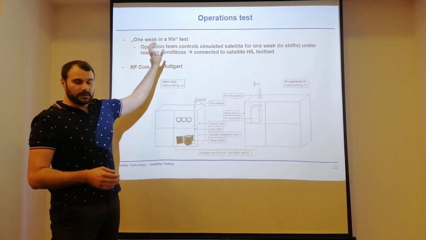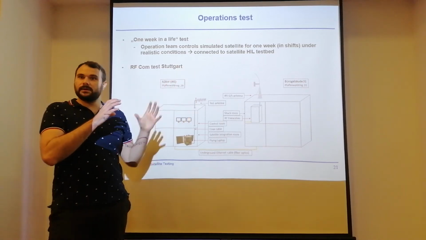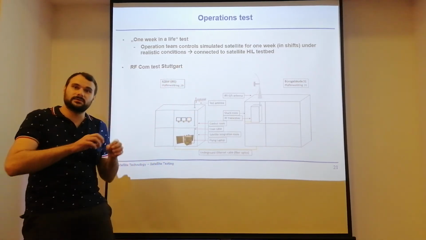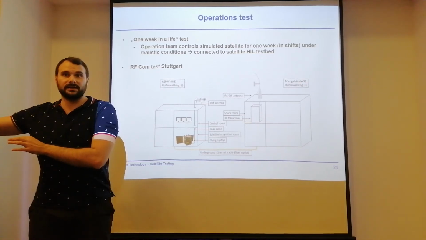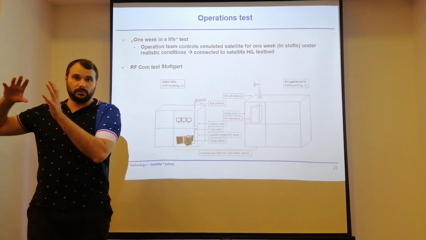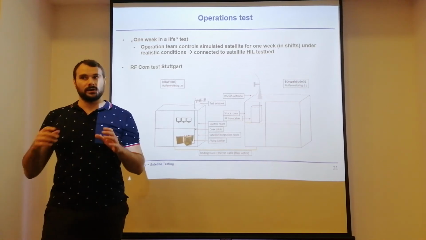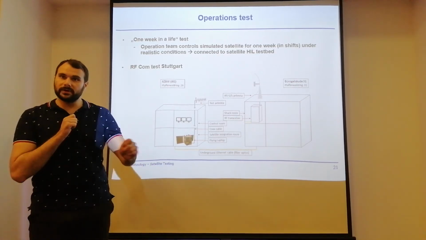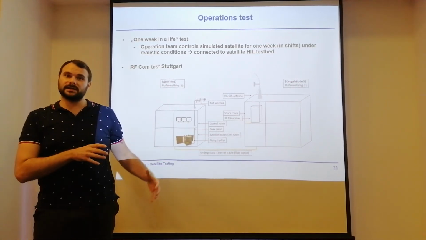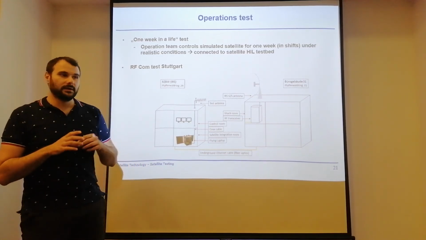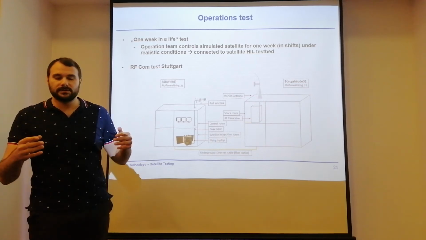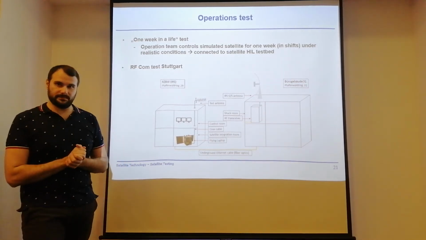So at that point, our ground control center connected to our hardware-in-the-loop test bench with the satellite completely simulated, and the simulation was kept running for minimum 1 week. And it was tested that when you operate the satellite as you would operate the later satellite, no contingencies are there, and if there are some, we introduced some test cases in order to train the operations team.